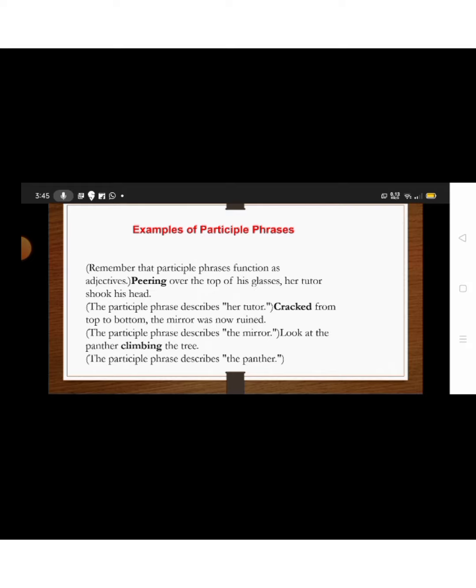So the first one was a present participle. Now in the second one, the past participle phrase is describing the mirror. Third one, look at the panther climbing the tree. Here the participle phrase climbing is describing the panther.